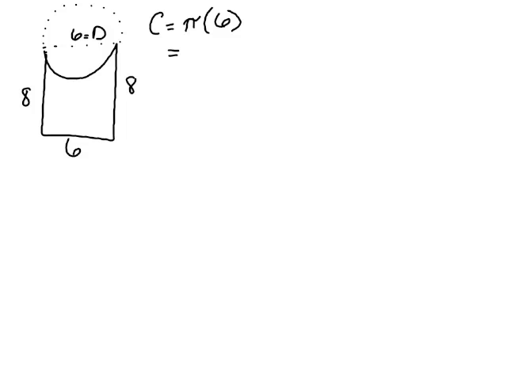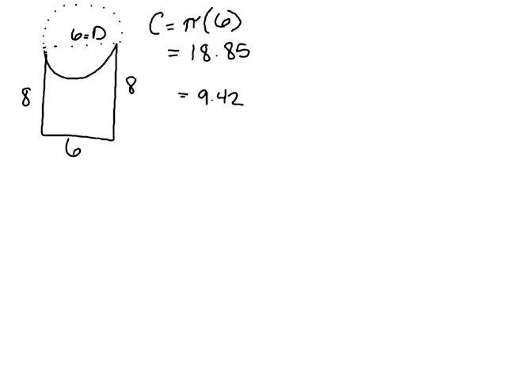Pi times 6? 18.85. 18.85 is the circumference of this circle. And did I use the whole circumference? How much of it did I use? Half of it. So half of 18.85 is 9.42.